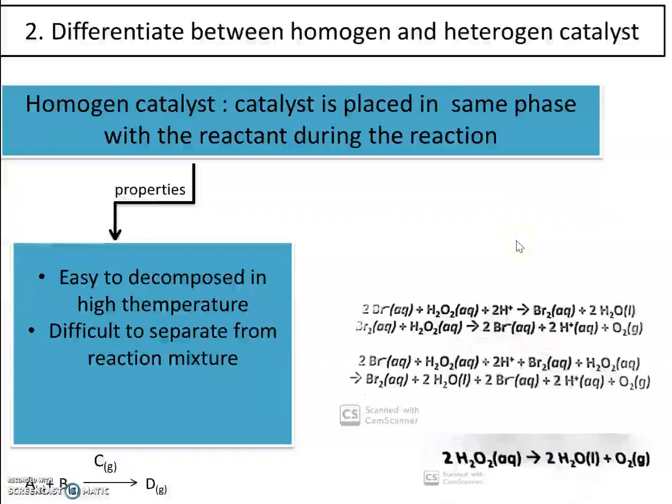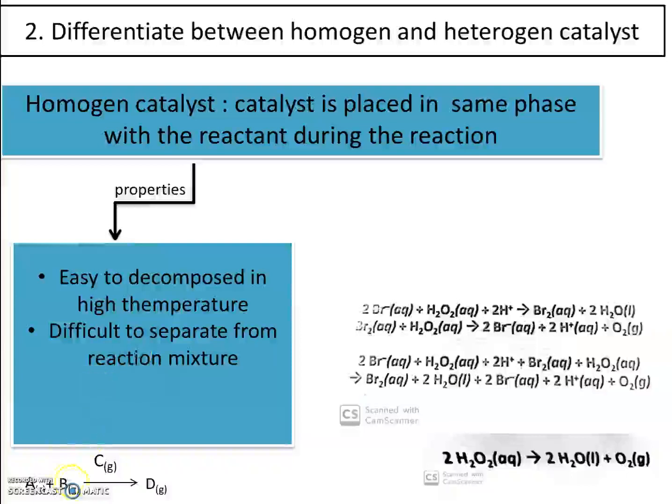Jadi energi aktivasinya itu sangat rendah, tapi ada dua garis lengkungnya. Dibandingkan dengan reaksi that happens in one step, in the curve, garis lengkungnya itu tinggi sekali, energi aktivasinya tinggi, dan hanya terbentuk satu garis lengkung, tapi dia sangat tinggi sekali.